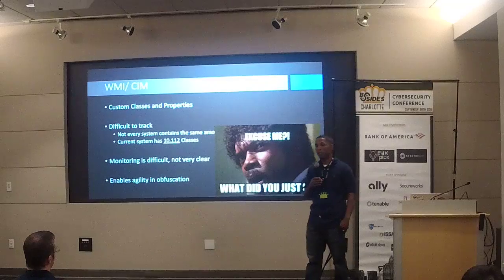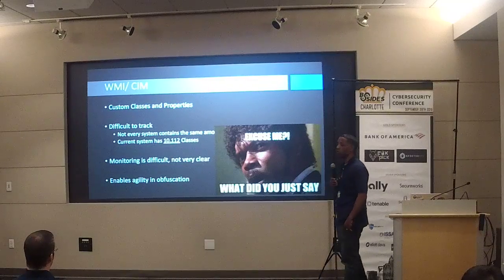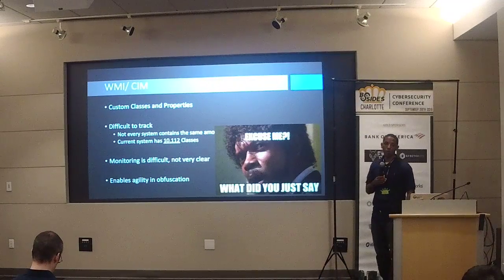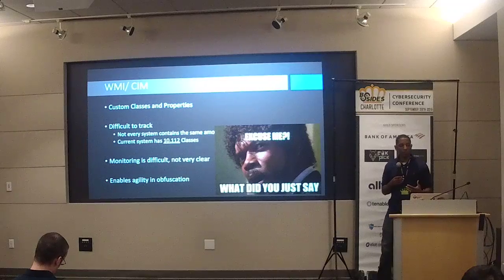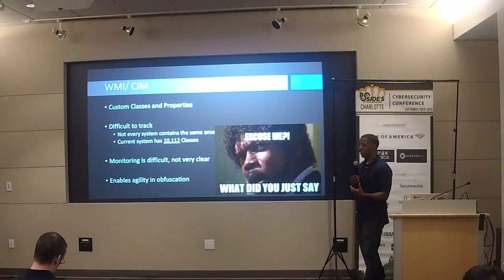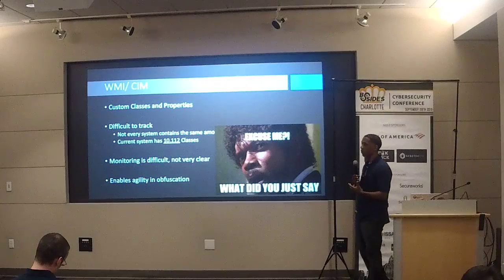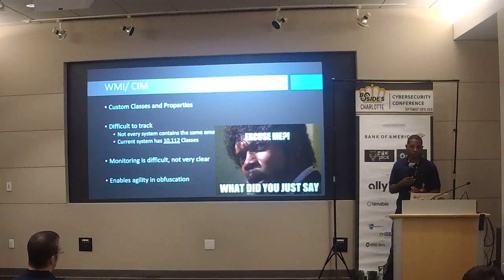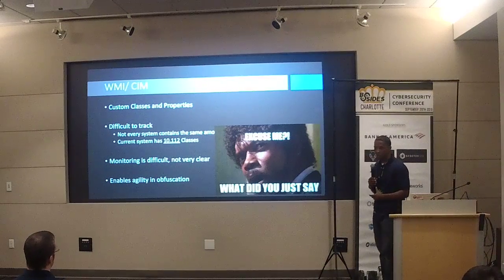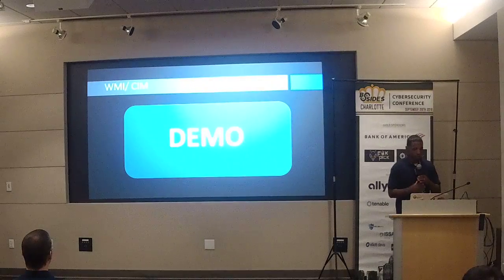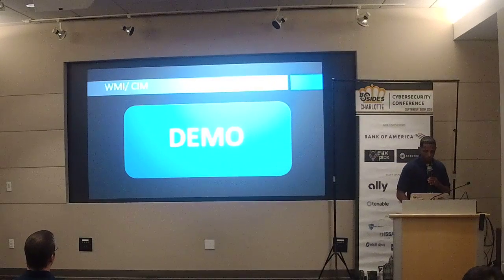That's huge. These classes are made available based upon what type of software we have installed on the machine, but let's be real, 10,000 is going to be difficult for an admin to track, so they're going to want to get after it another way. And the way we're going to do that is we're going to walk through it. So, I've got a machine here.